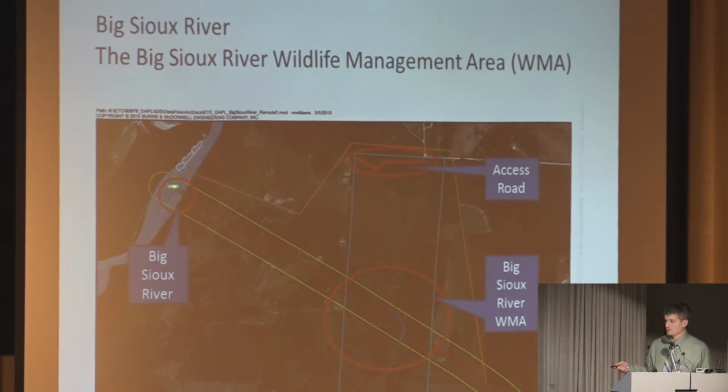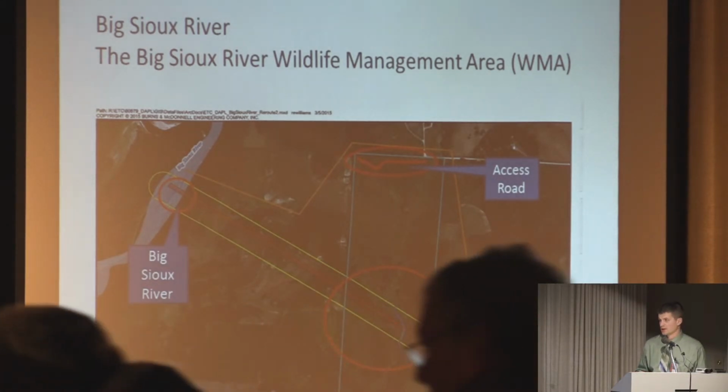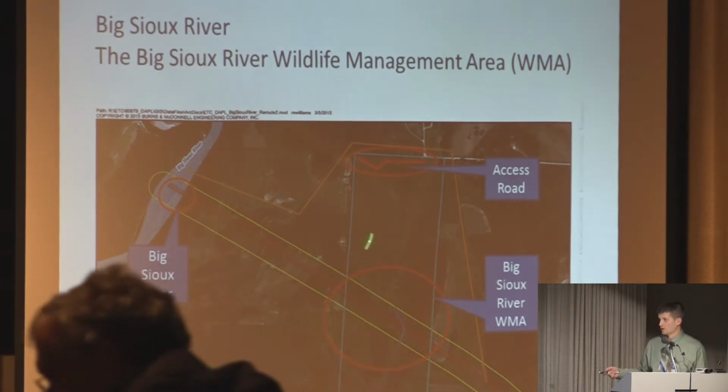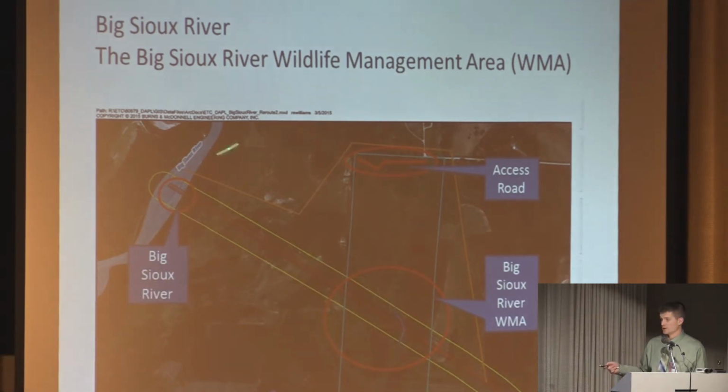The light blue line right here at the Big Sioux River crossing is the ordinary high water line mark. The yellow line is just where they have done surveys for different parts of their application. And this light blue rectangle is the Big Sioux River Wildlife Management Area. Those are the lines of the property.